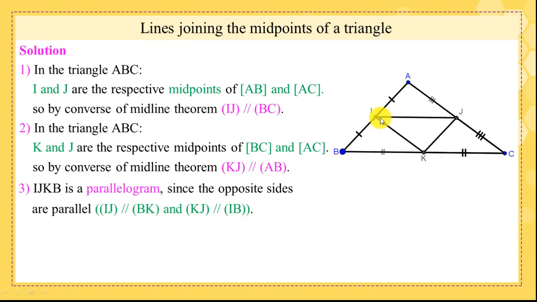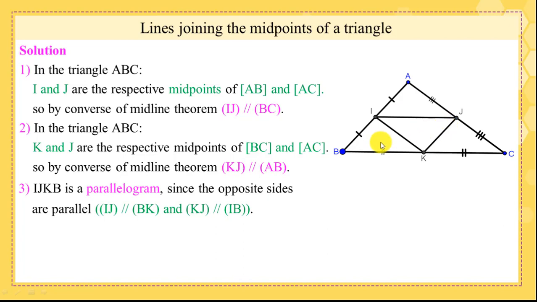4. We have to compare the lengths of IJ and BC segments. From part 3, IJKB is a parallelogram, so opposite sides of a parallelogram are equal. Hence, IJ is equal to BK. But K is the midpoint of BC by given, so BK is equal to KC, and BK is equal to half BC.